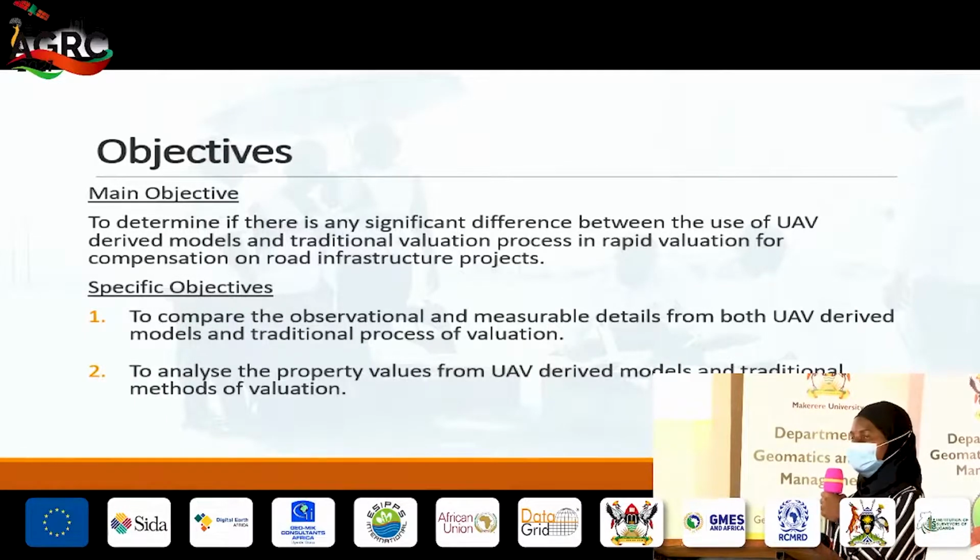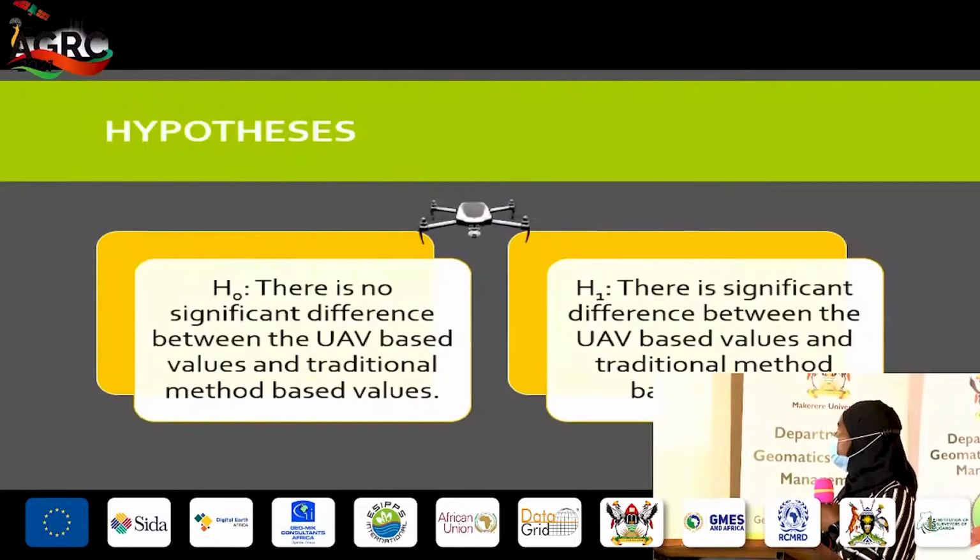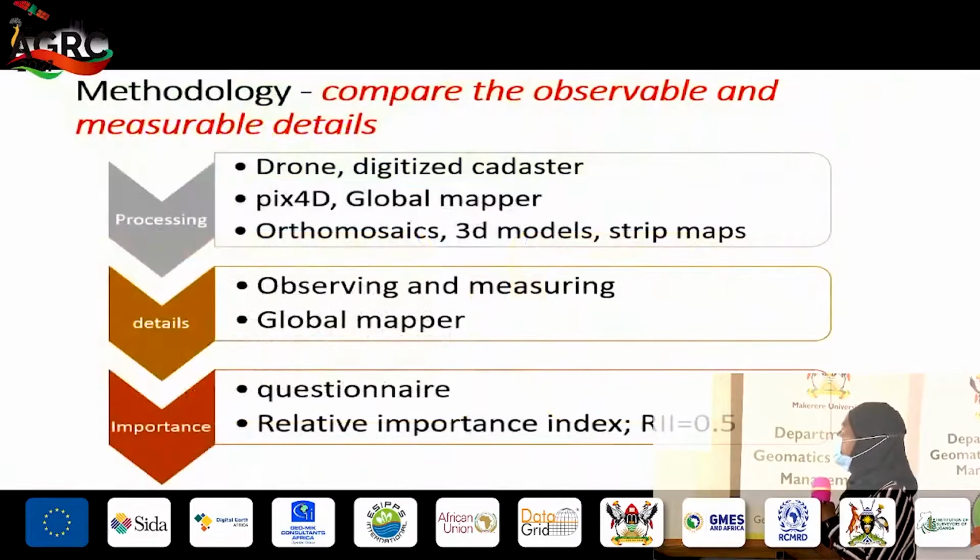For the specific objectives, we are comparing the observable and measurable details from both the UAV-derived models and the traditional valuation process, and analyzing how the property values from both methods compare so that we can come to a conclusion. The null hypothesis says there is no significant difference between the two methods, and the alternative is that there is a significant difference.